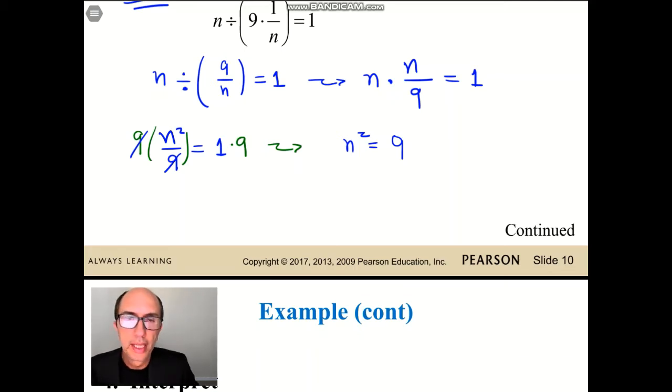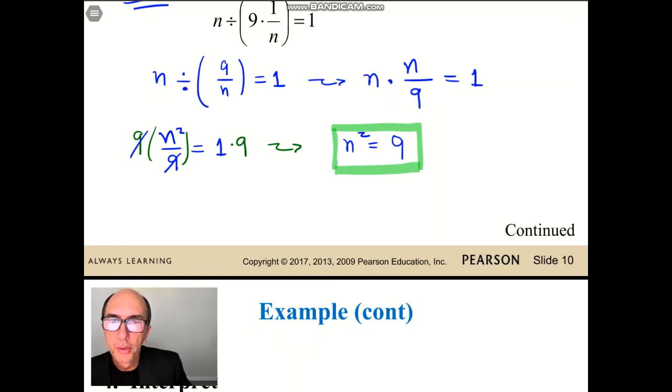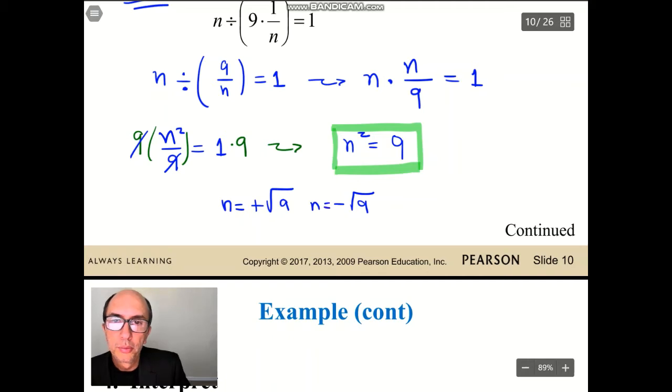The numbers that can solve this equation here now are going to be the positive square root of 9 and the negative square root of 9. So n can be equal to the positive square root of 9, that means n equals 3, or n can be equal to the negative square root of 9, negative 3.